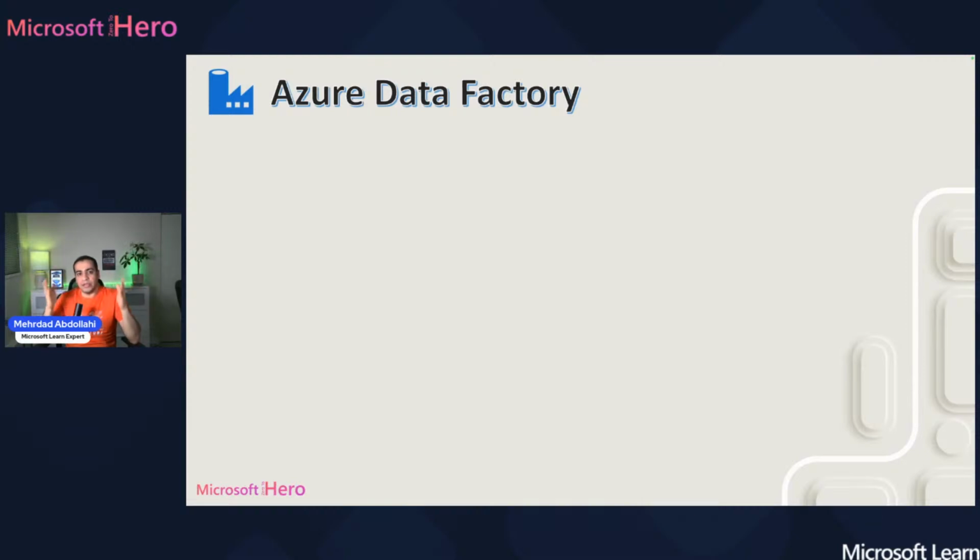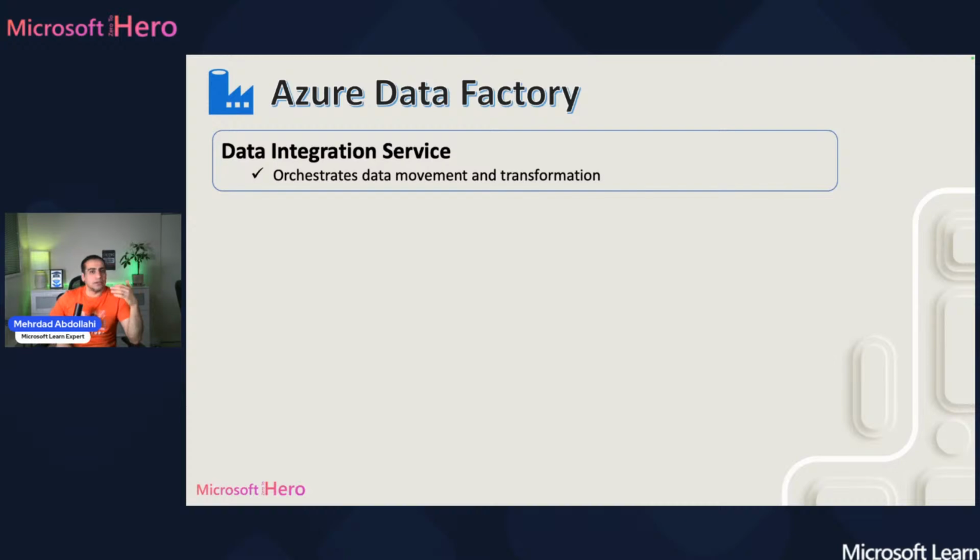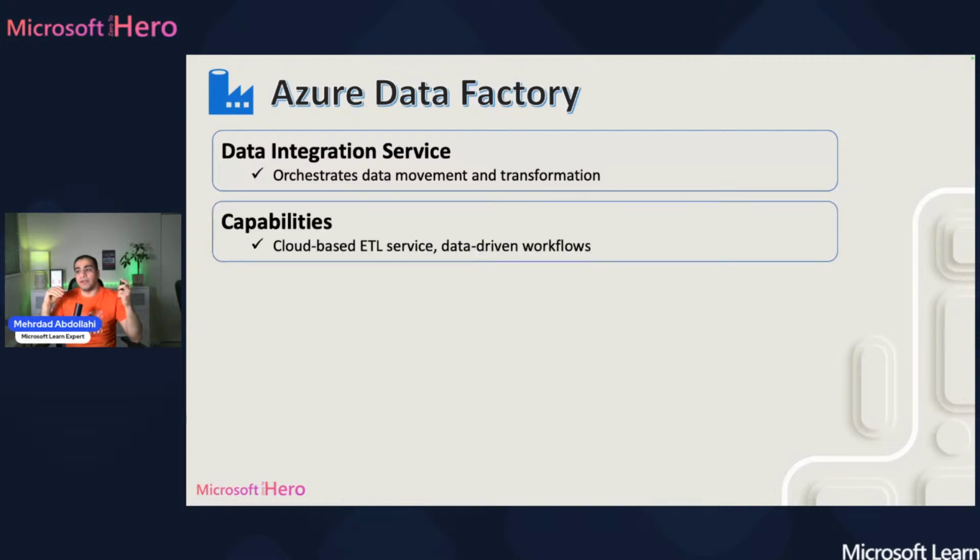So here they use Azure Data Factory. Azure Data Factory is a data integration service within Azure that is going to orchestrate the data movement and transformation. So we can copy the data, we can do all of the ETL stuff, extract, transform, and load the data, and then eventually we can store our data in a data warehouse or whatever that we have.